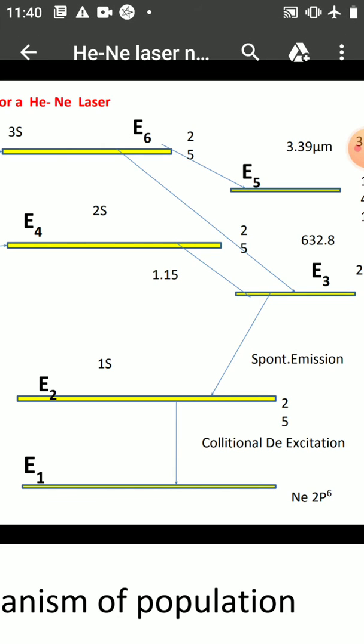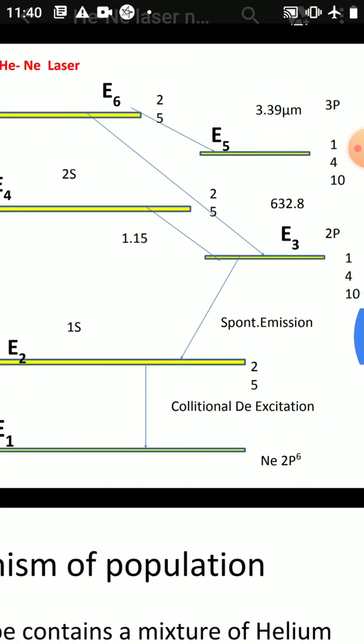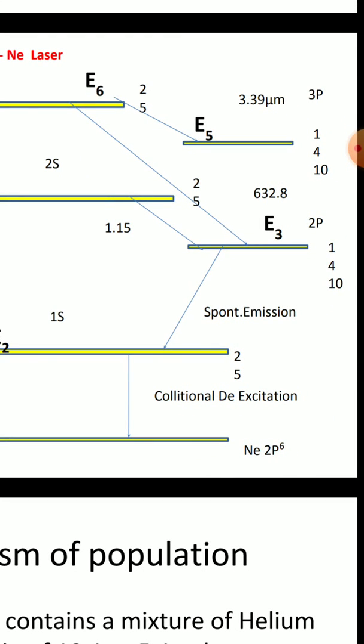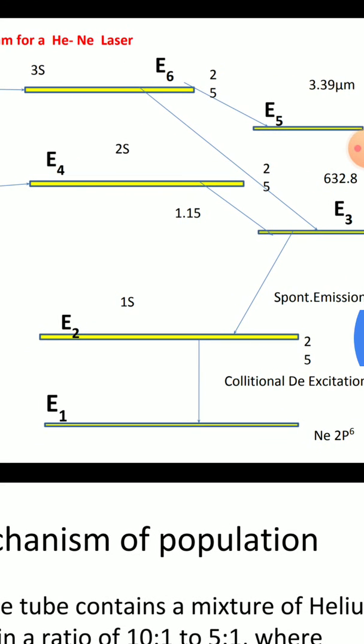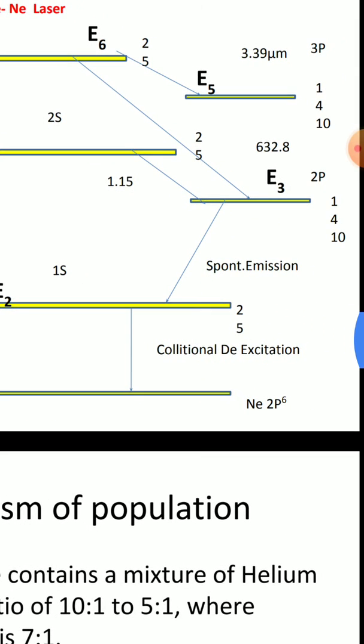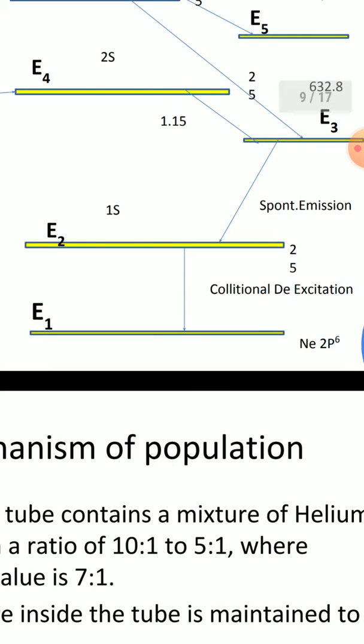You can also see here that due to spontaneous emission, the atoms get accumulated from E3 after the laser transition. The atoms get accumulated from E3 to the E2 level of energy. And what can happen is, again, the energy given to the system from E1 can populate the E2 level unnecessarily also.